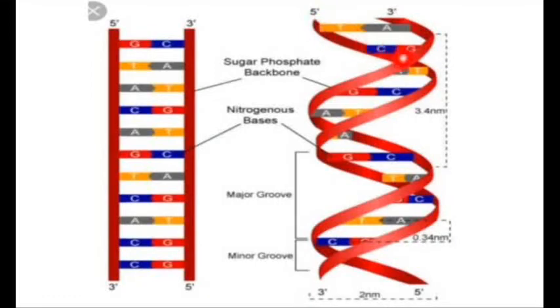Thus, one chain is aligned in the 5' to 3' direction and the other chain or its partner must be aligned in the 3' to 5' direction. Hence, the two strands of DNA are called anti-parallel. One chain is upside down to the other.